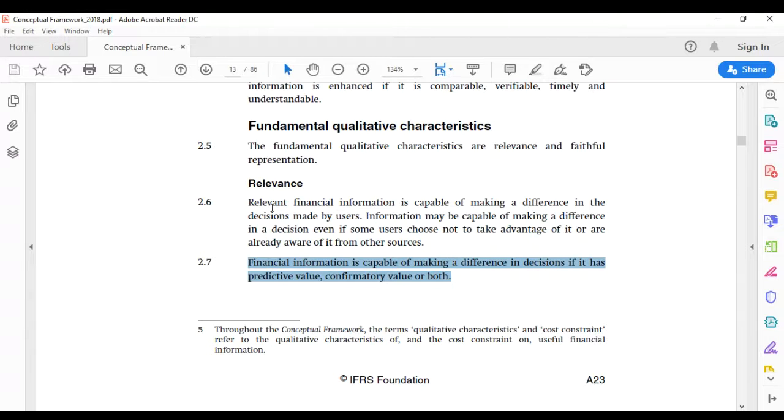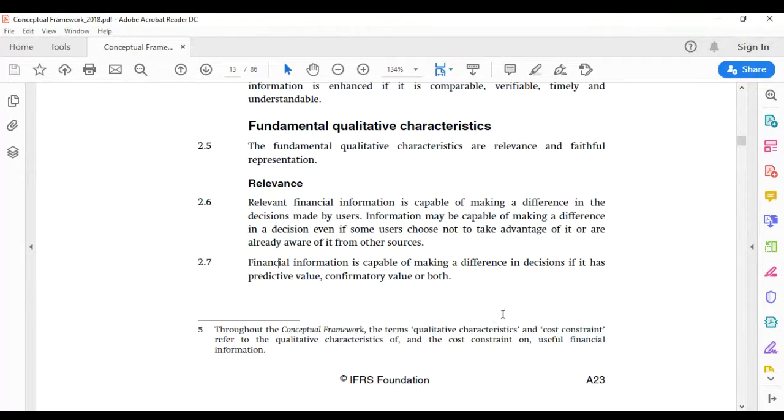What makes the information relevant? What they are saying here is that financial information is capable of making a difference in decisions. In other words, it has an effect on whether somebody is going to provide you with a loan or not, or whether they're going to open a credit account for you or not, or whether some other financial institution or individual wants to invest in your shares or not.